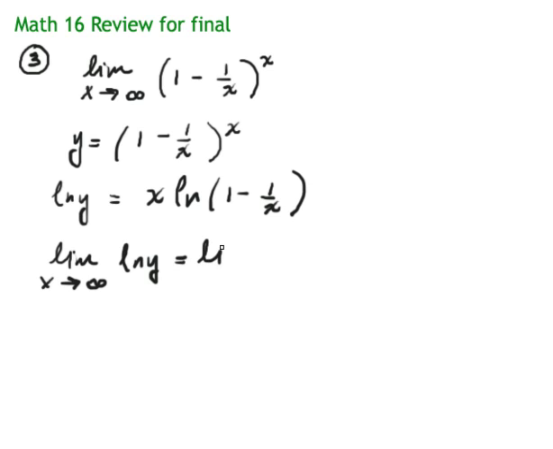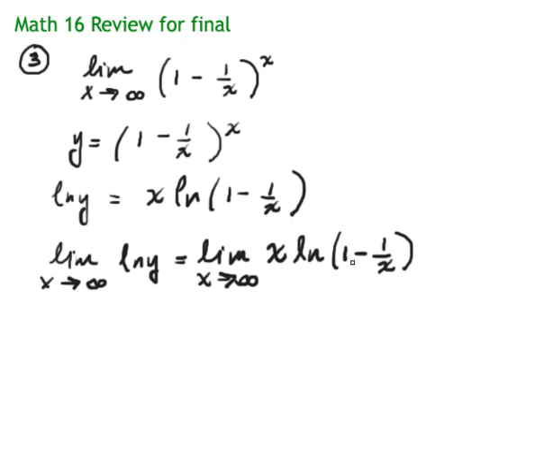So that's the limit as x goes to infinity of x ln(1 minus 1 over x). All right, now this first factor is going to infinity. X goes to infinity.